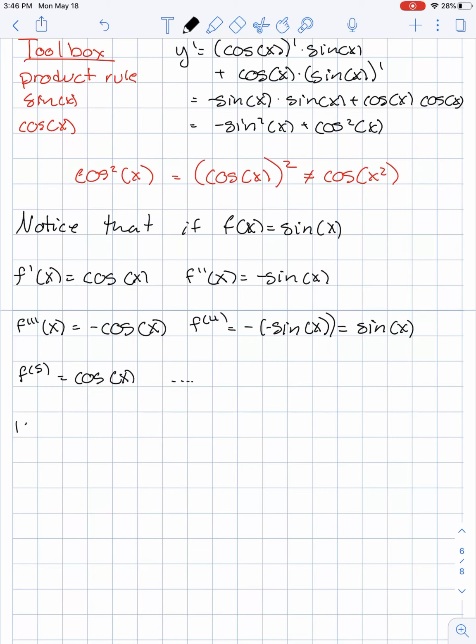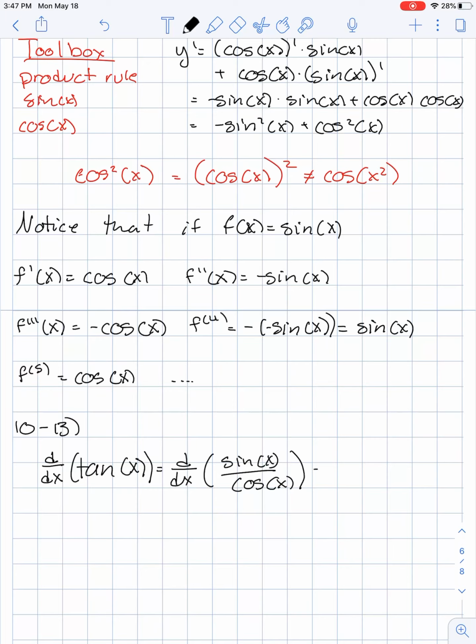Alrighty, so then rules 10 through 14. No, 10 to 13. So we're going to have the derivative with respect to x of tangent of x. Remember how we can rewrite tangent of x as sine of x over cosine of x?